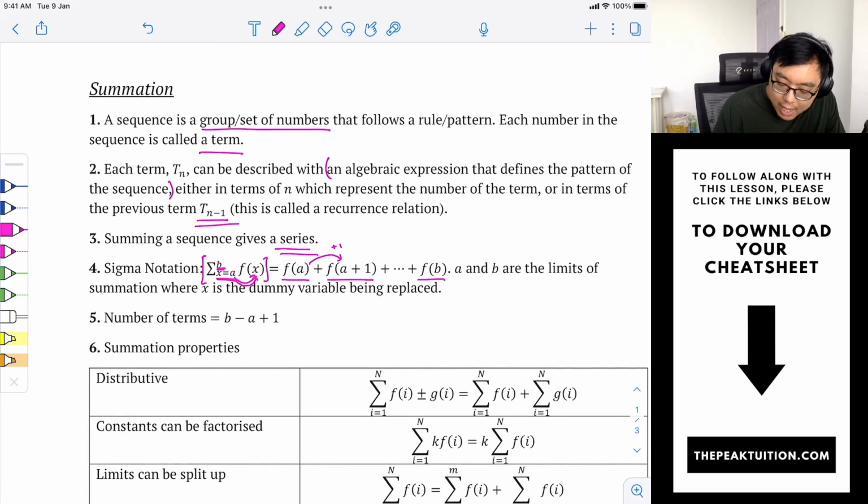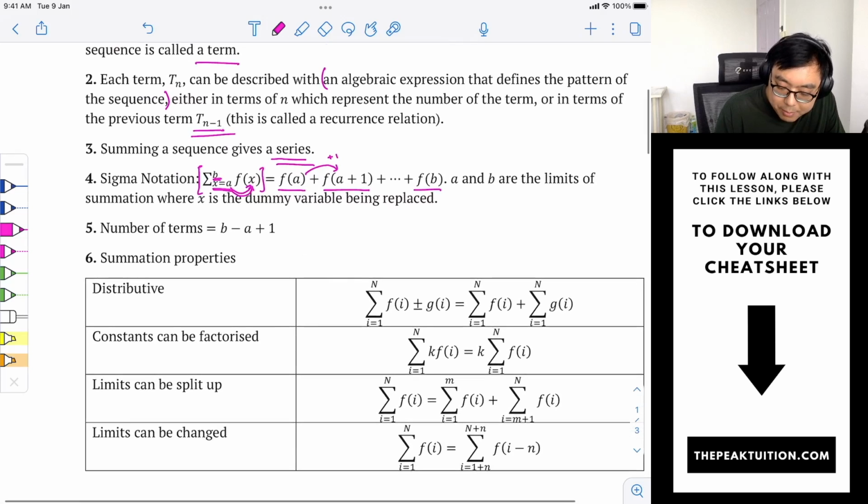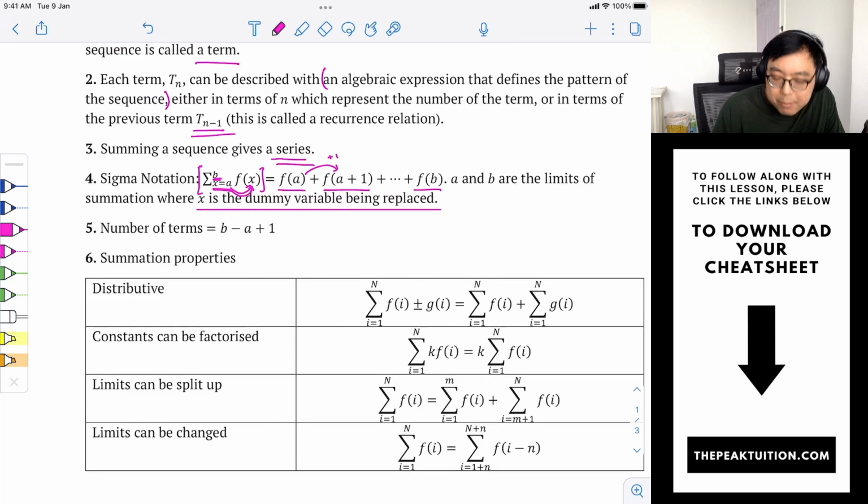In this case, x is what is known as the dummy variable. A dummy variable is just a variable, an unknown that is being changed. So it's like you have two unknowns usually, because a series summation would usually have two unknowns. One is being changed as you sum up the entire series, and the other is the actual unknown that you later want to express as a complete function.